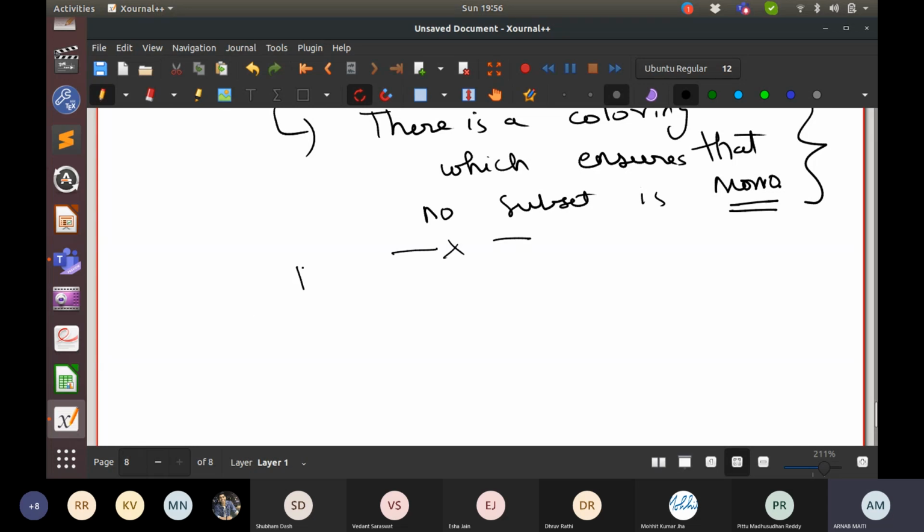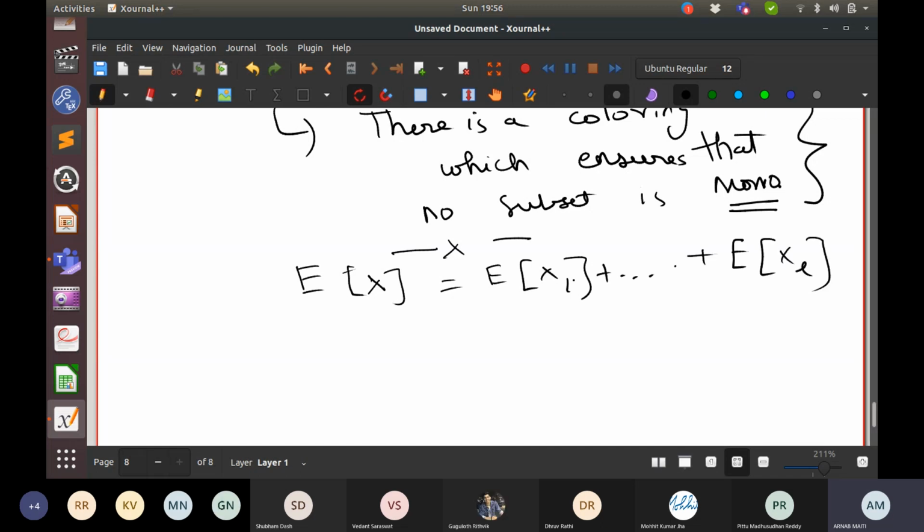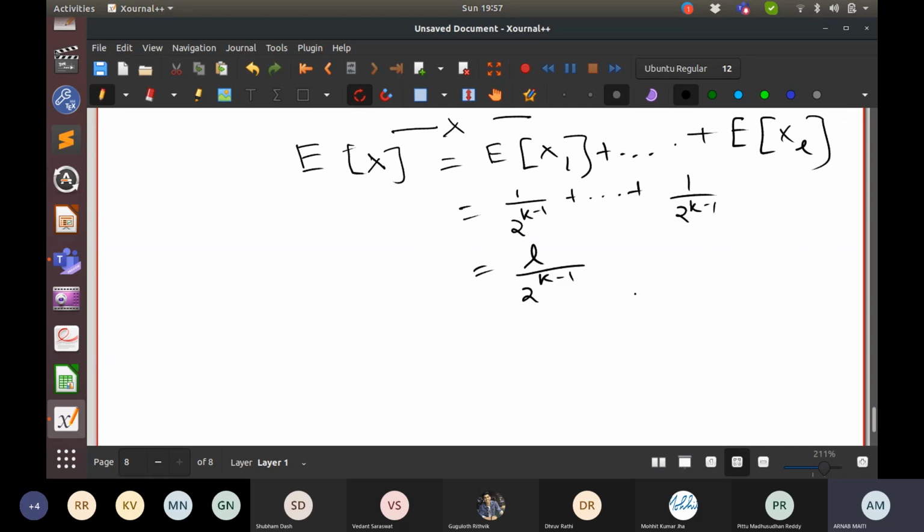So these are the step-by-step things which we did. So what we showed, okay, I told that this is the case. And then we upper bounded, so each of these expectations was this thing, which we showed. So this is equal to this. And since L was less than 2 to the power k minus 1, we had this being less than 1.